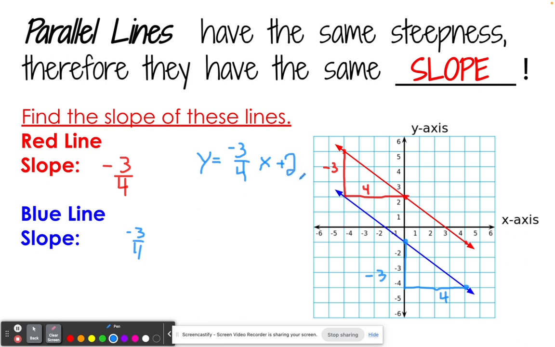And for my blue line, I would have the same start, y equals negative 3/4 x, because my slope is the same. The only thing I've changed for these parallel lines is my y-intercept, and my y-intercept for my blue line is negative 1. So I shifted this line down 3, and it's parallel.